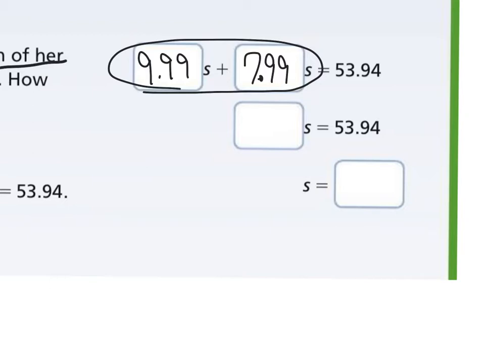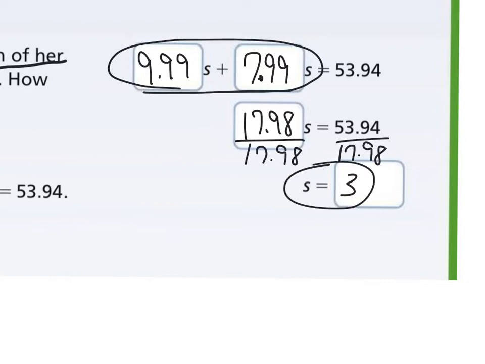If you add those together, you get $17.98. And then at that point, they're multiplying, so we could divide by $17.98. When you divide that out, probably for time's sake, I would let you use a calculator for that. That will be 3. So that means 3 sets, so 3 friends that she bought for.